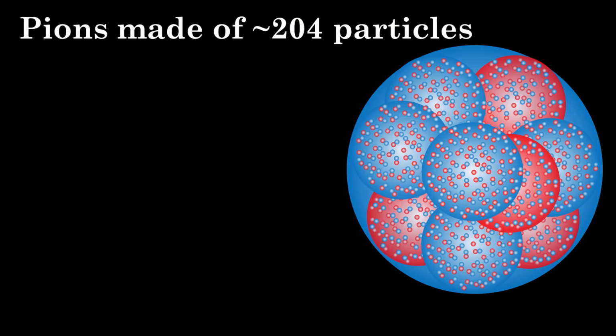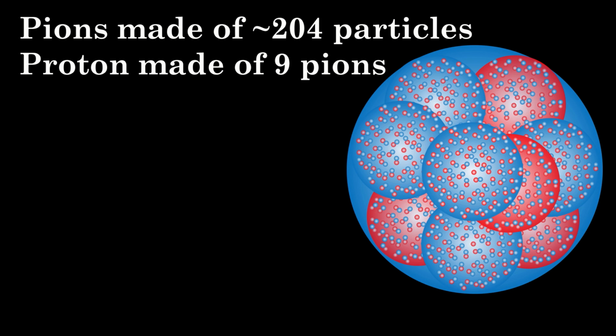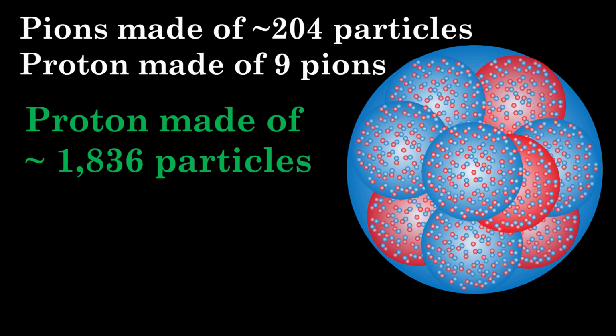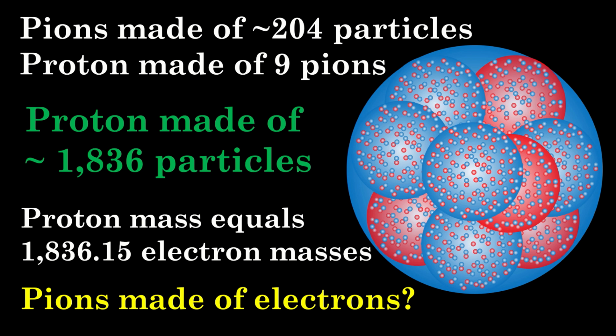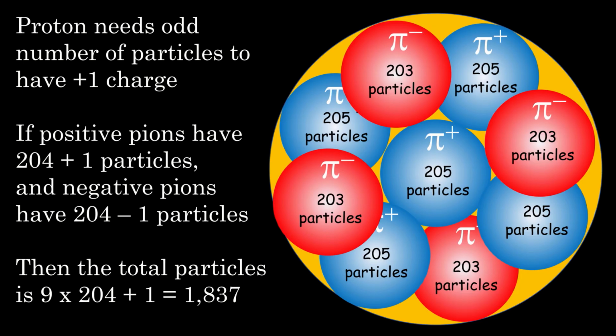Since there appears to be 9 pions in the proton, this means that the proton is made of about 9 times 204 or 1,836 particles. The proton's mass is about 1,836 times the electron's mass, so it appears the particles making up the pion and the proton are about the same mass as an electron. The proton has a charge of +1.